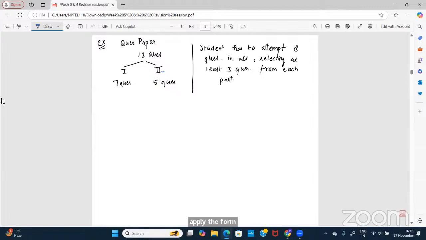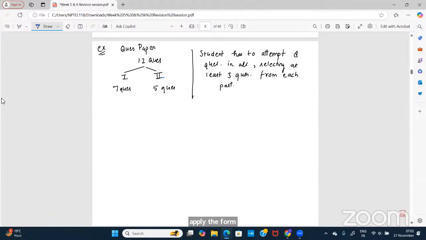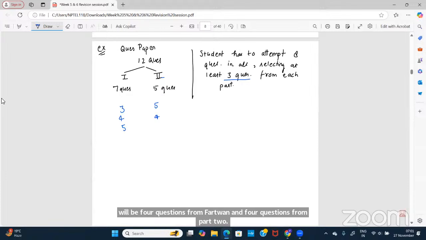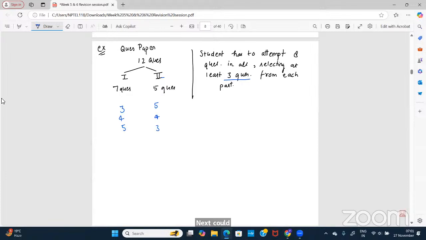So what we have to do? The condition is that they have to attempt at least 3 questions from each part. Now suppose the student selects 3 questions from part 1. Then the remaining 5 they will select from the second part. Next will be 4 questions from part 1 and 4 questions from part 2. Next could be 5 questions from this and 3 questions from this, right?